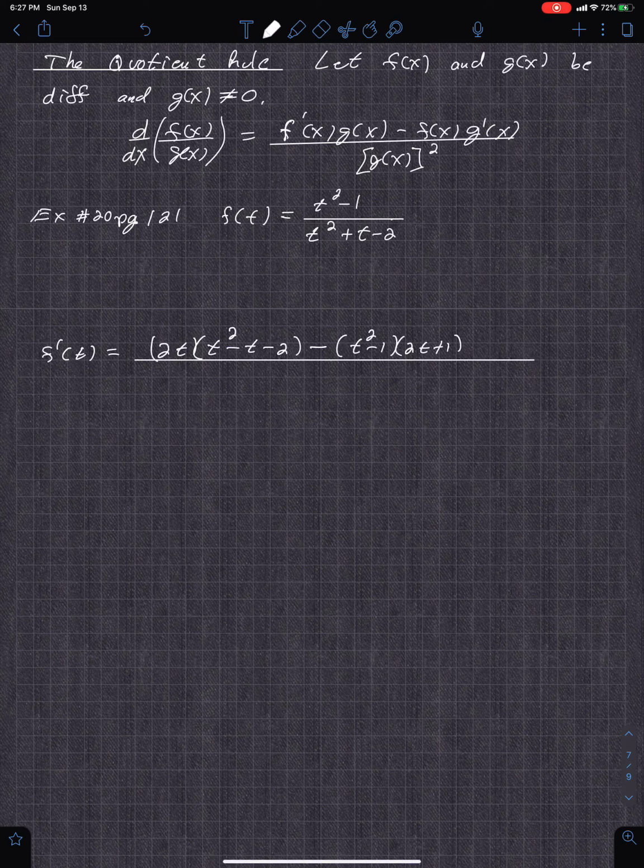And then it's all over the denominator squared, (t squared plus t minus 2) raised to the second. Okay, so that's the derivative.